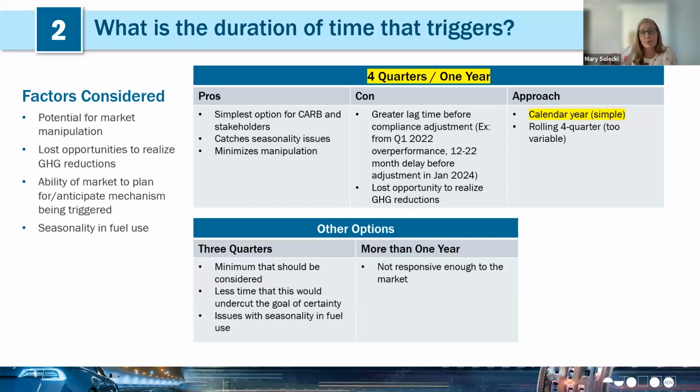And if you're waiting more than 1 year, then you're likely not going to be sufficiently responsive to the market and making sure that the baseline increases in a timely manner. In terms of the specific approach, a rolling 4-quarter approach ends up giving varying amounts of lead time to market participants. And I've got another slide on that coming up. You can go to the next slide, please.